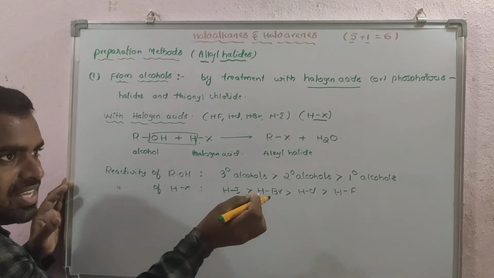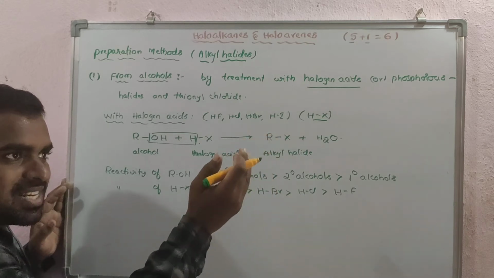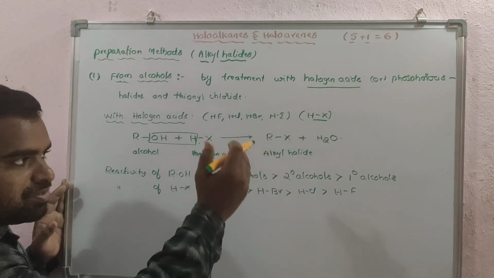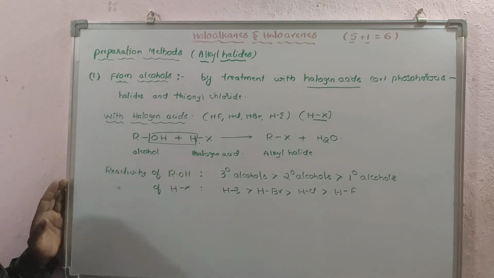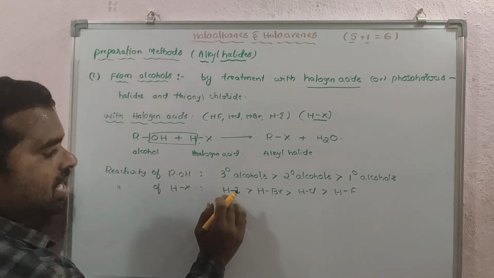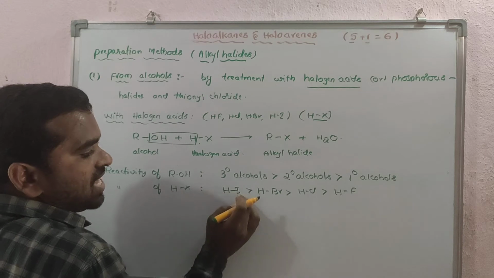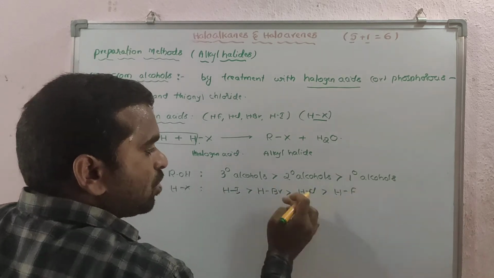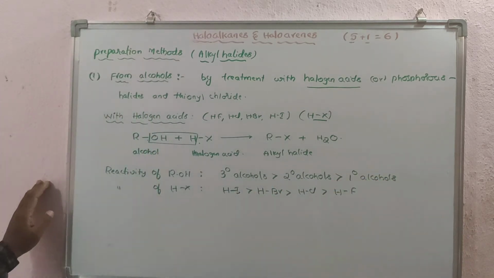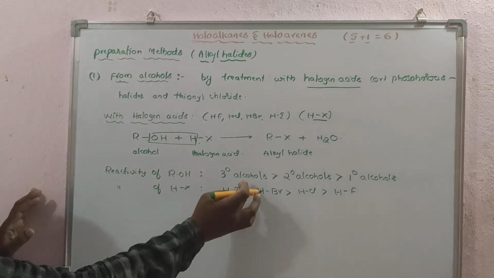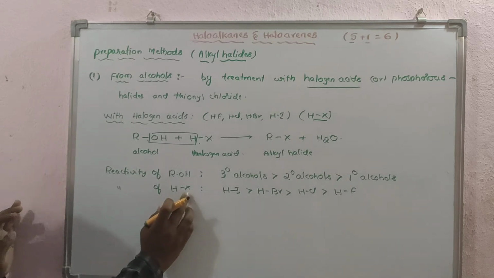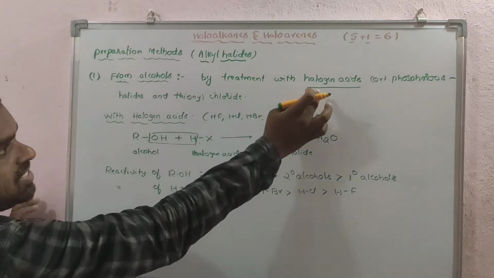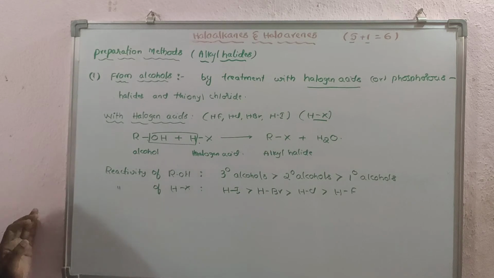If bond length is long, the bond strength will be less, so the bond can easily break, so it is involved in the reaction very fast. So HI will be more reactive compared to the other halogen acids. Clear? So this is the reactivity of alcohols and of halogen acids.